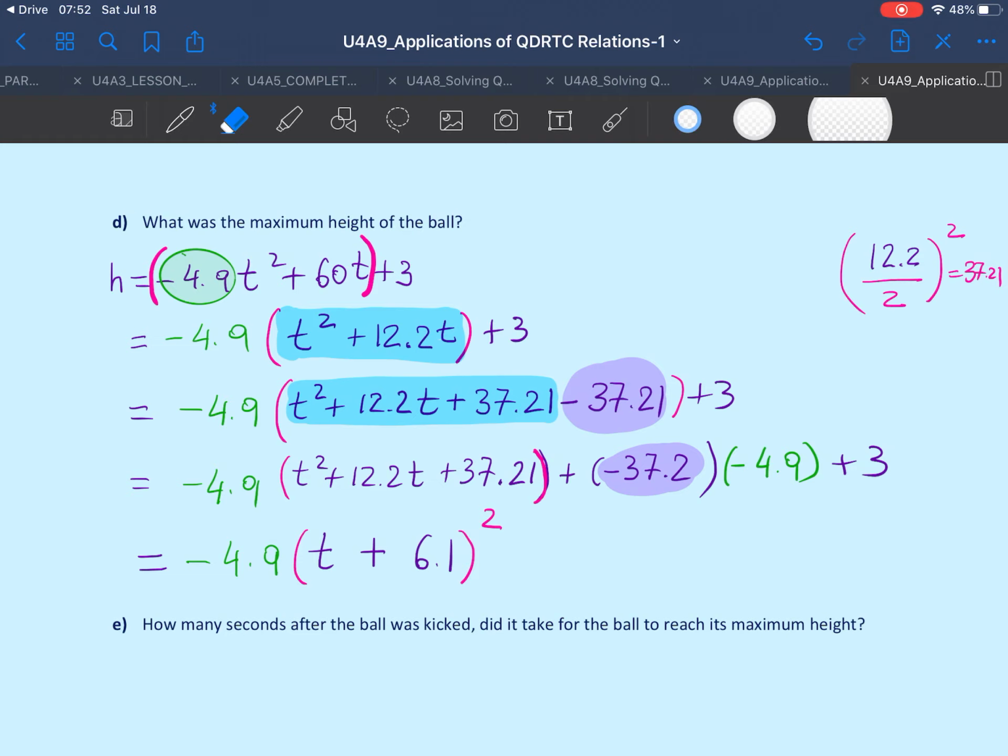I can't forgive myself for this, but I have no choice. But here is learning from a teacher's mistakes. You see how we took out the negative? And when you take out a negative, the sign of the next term here will change to the opposite. This was negative, take it out, positive. That's a negative.